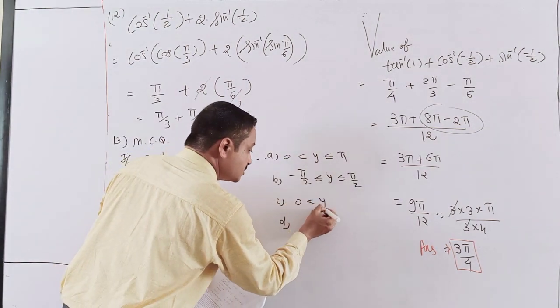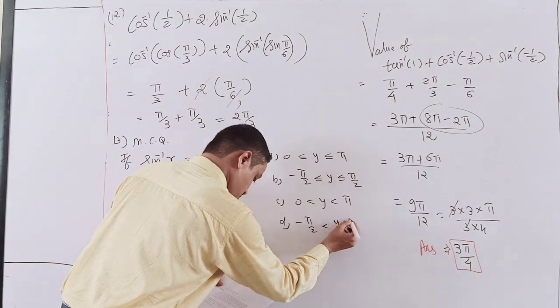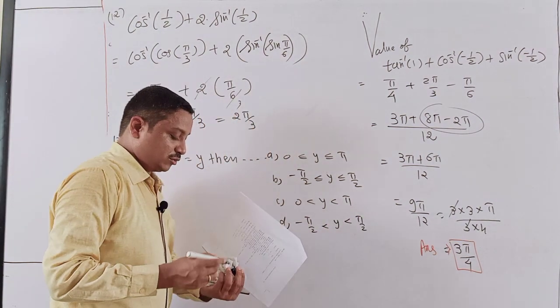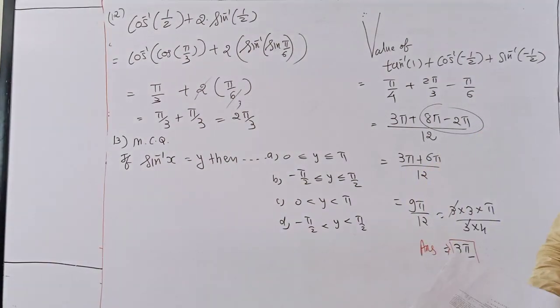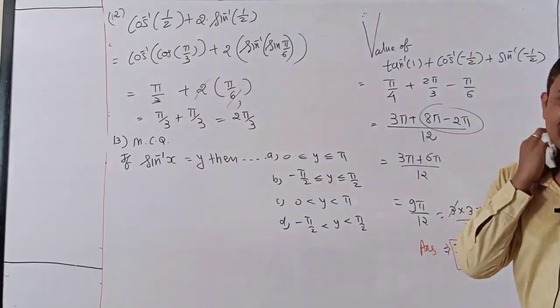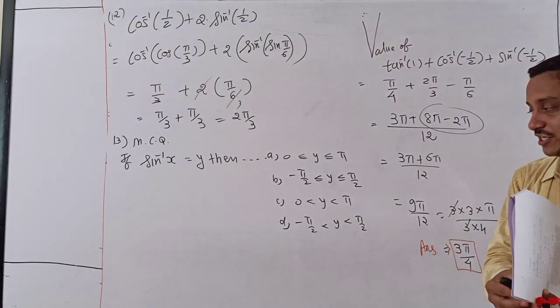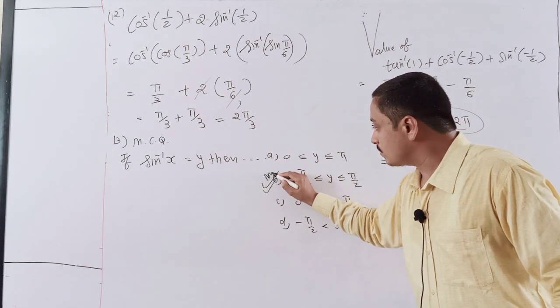Third, 0 to pi. And fourth, minus pi by 2 to pi by 2. Just to read the question, students. One more time I revise. What is the range of sin inverse function? Yes, the range of sine inverse function is minus 90 to 90, and that's my answer.